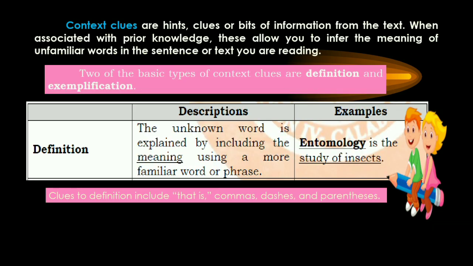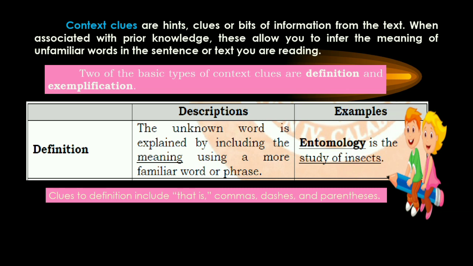Context clues are hints, clues, or bits of information from the text. When associated with prior knowledge, these allow you to infer the meaning of unfamiliar words in the sentence or text you are reading. There are actually two basic types of context clues.